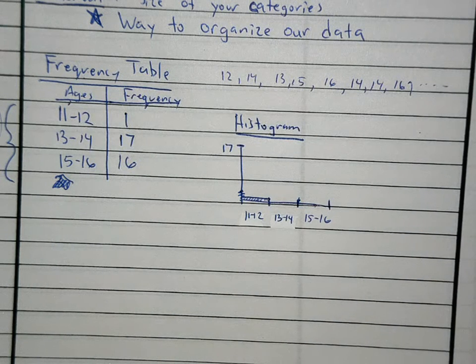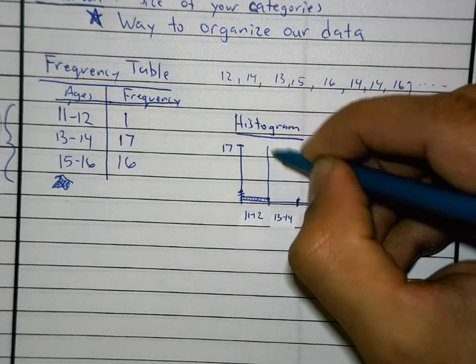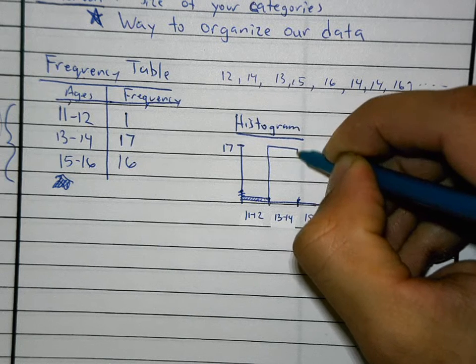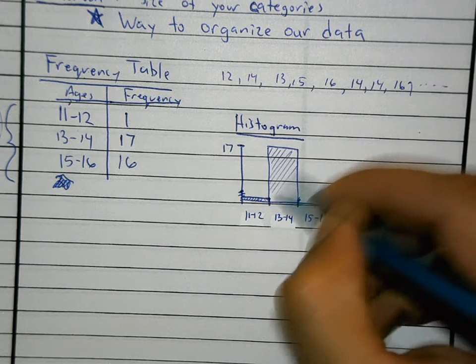If I want to, I could put a 1 there, or we can just estimate what it is because it doesn't have to be exact. How many 13 or 14-year-olds do we have? So we're going to go all the way up to the 17. And I usually like to color it in so I can see what it's like.